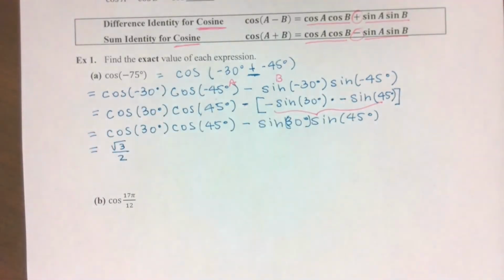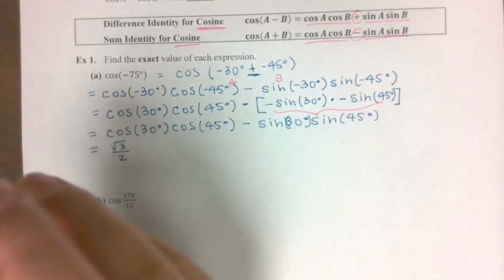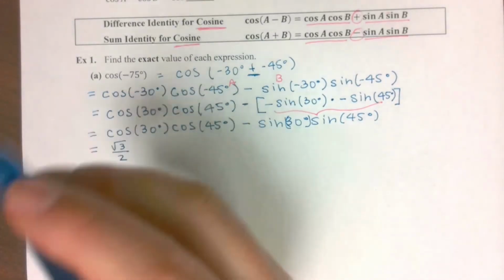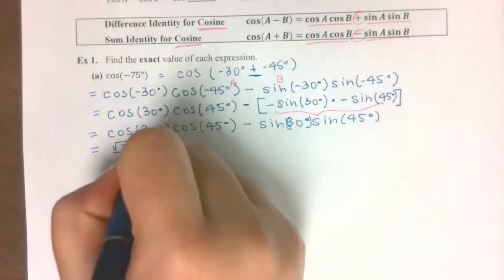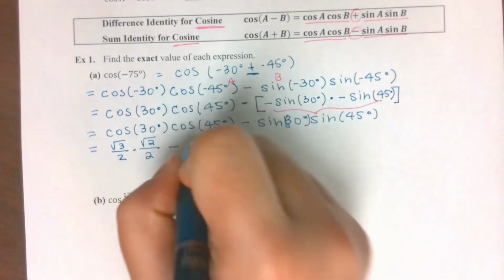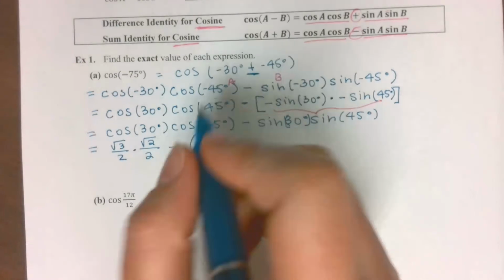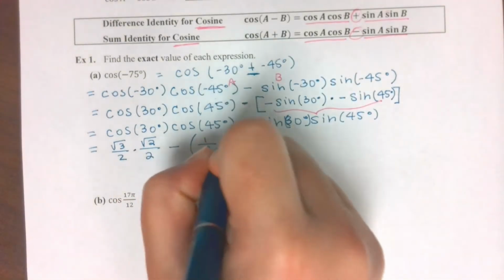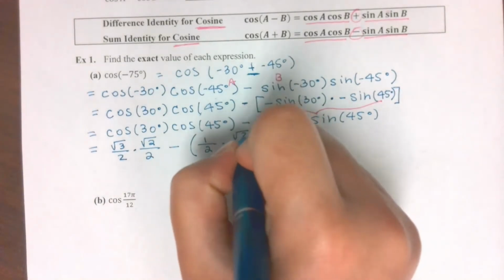At this point, since we've already tested how to find this value on test 1, you can actually just plug it into your calculator if you need to. Cosine of 45 degrees is square root of 2 over 2, and then minus sine of 30 degrees, which is 1 over 2, times sine of 45 degrees, which is square root of 2 over 2.